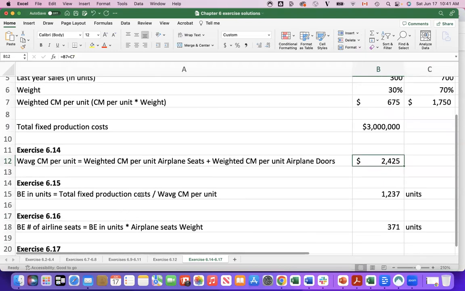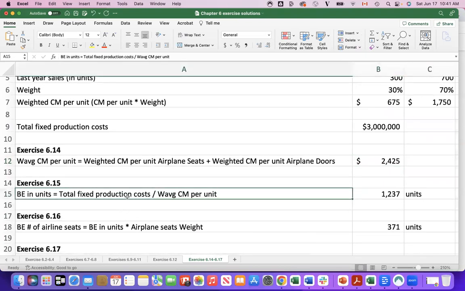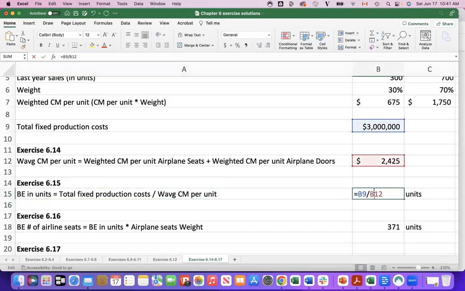And you'll see the formulas are very similar to when we did break-even analysis in a single product scenario. Break-even in units is total fixed production cost divided by, in this case, weighted average contribution margin per unit instead of contribution margin per unit when we did the single product scenarios before. So how do we calculate break even in units?